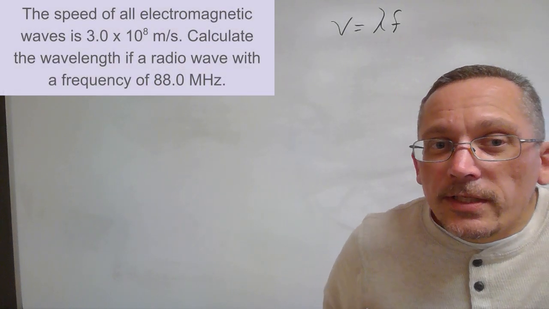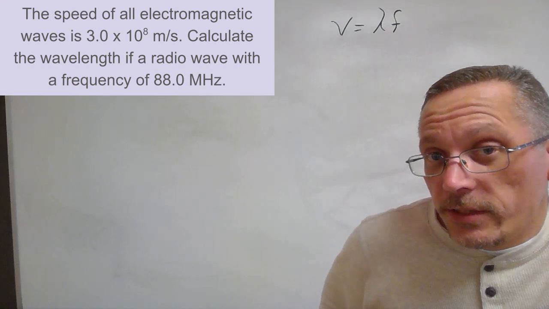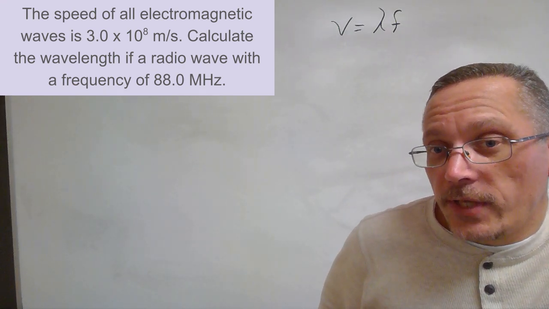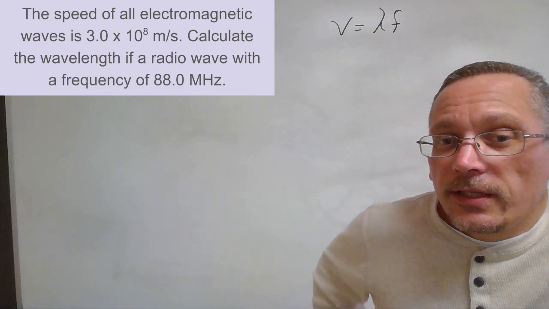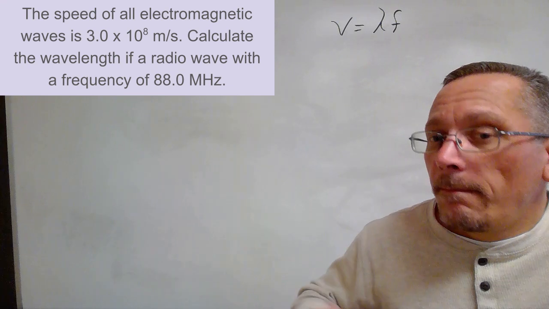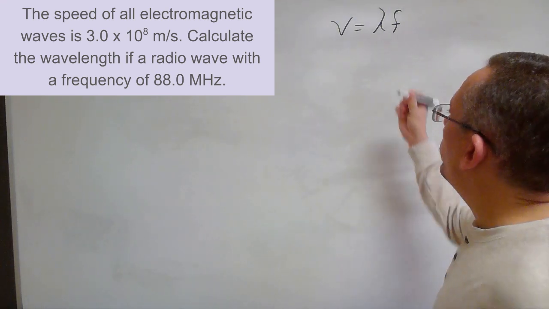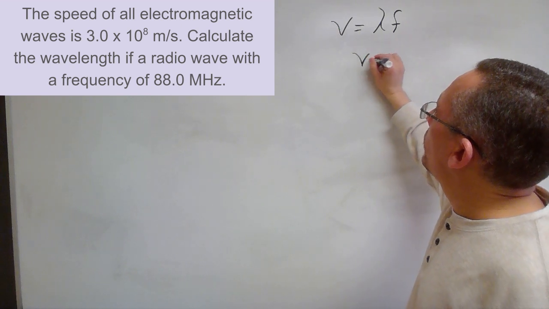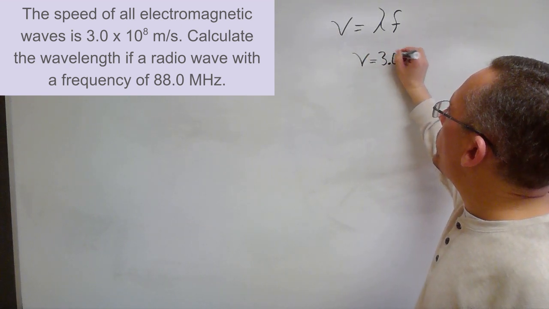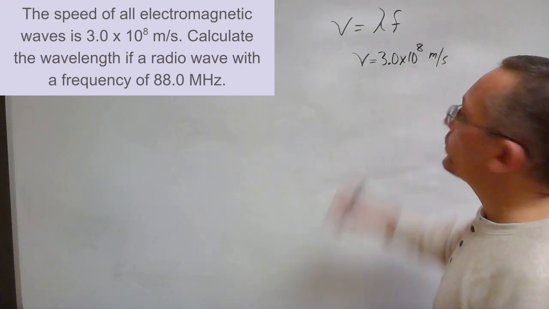One more example here. It says the speed of all electromagnetic waves is 3.0 times 10 to the 8th meters per second. Calculate the wavelength of a radio wave with a frequency of 88.0 megahertz. Okay, so it tells me that the speed of the wave, V, is 3.0 times 10 to the 8th meters per second.